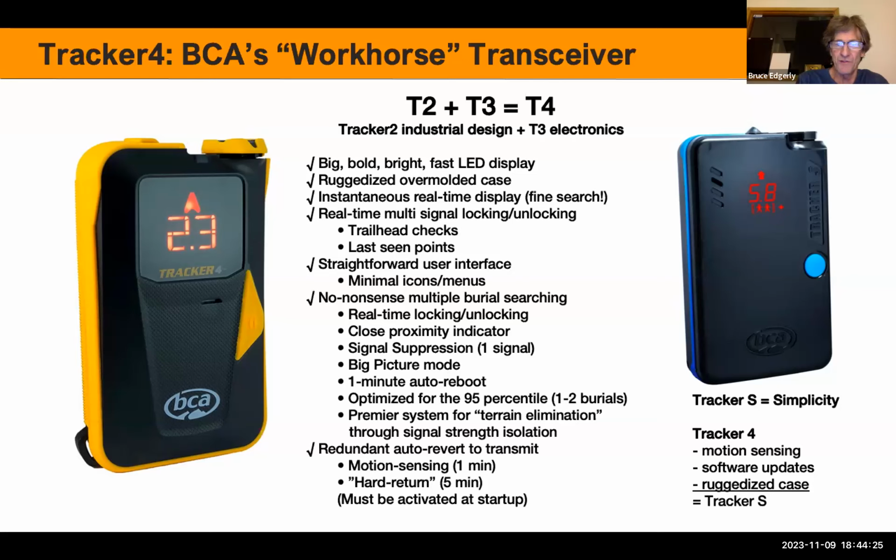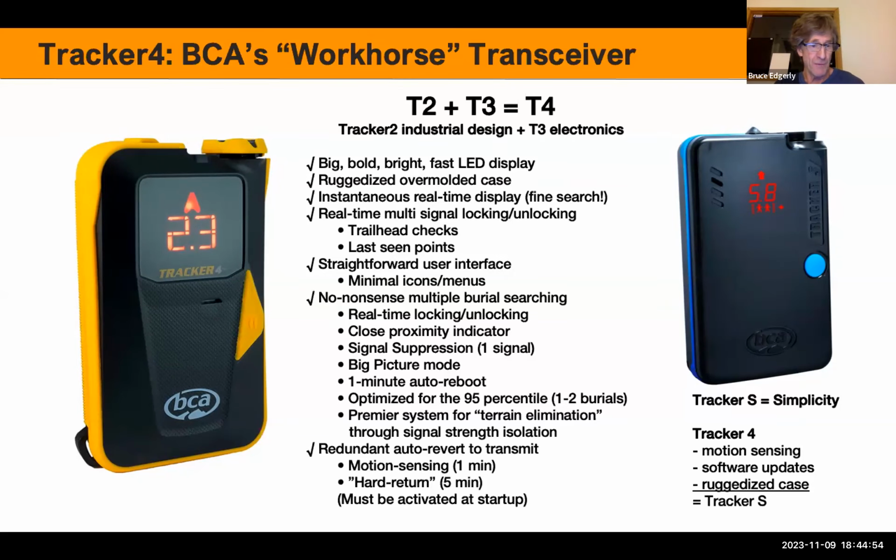Okay, so what's signal suppression? Well, signal suppression is our version of marking. And it's different than marking because A, we only do it for 1 minute, and B, we only suppress one signal. So why do we do that? Well, there are trade-offs.